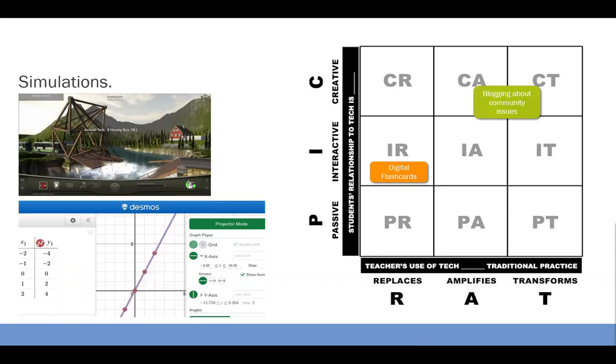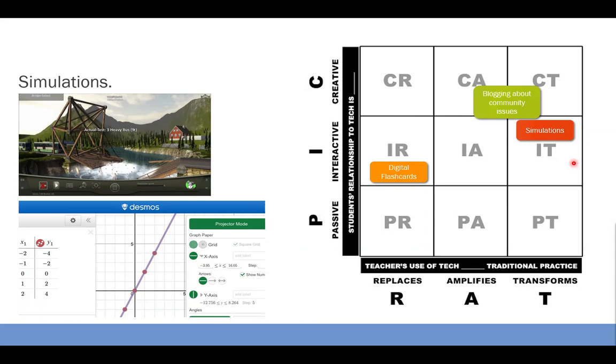Okay, here's the next one, simulations. So this might include a math program called Desmos. This is a bridge where you can build a bridge and then you can test it to see if it would withstand this, says 3 heavy buses or something like that. Okay, I think simulations are under this IT, interactive transforming. So it's interactive because the students are interacting with something.